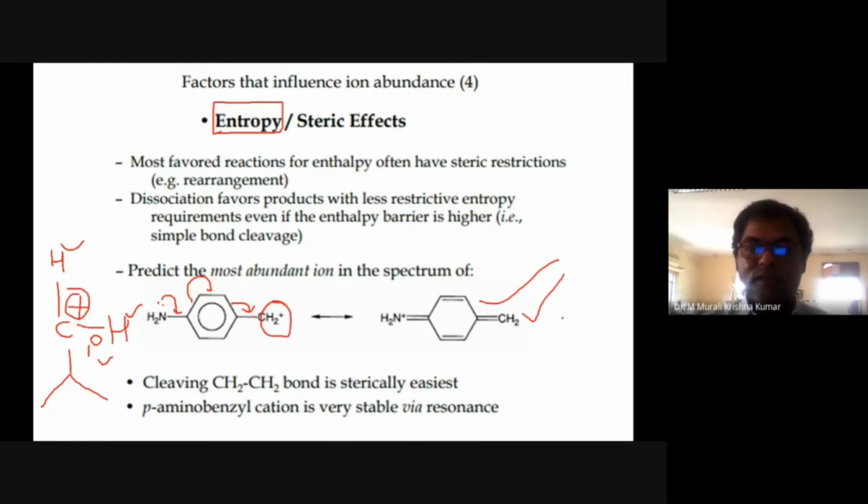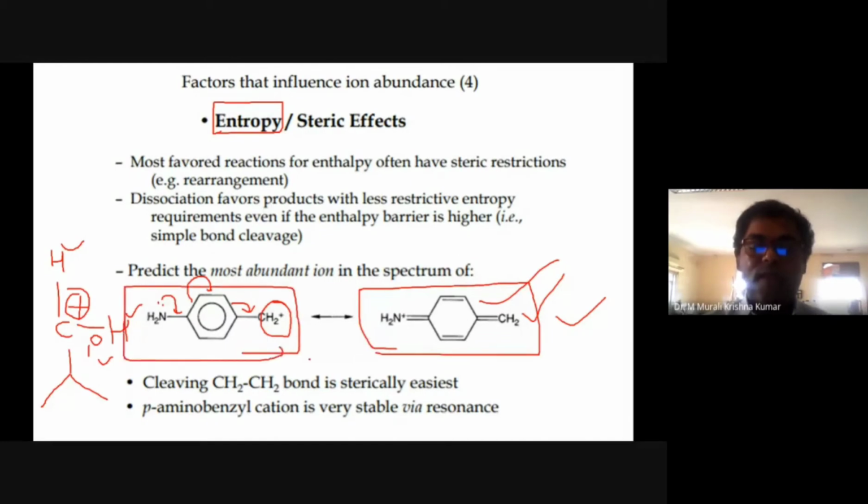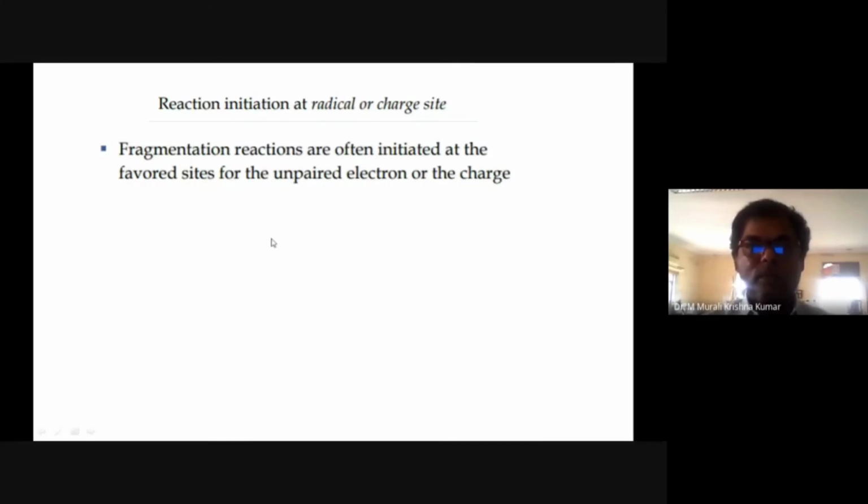That's the reason why we always find this as the base peak, the para-aminobenzylic carbocation. It is a very, very stable ion. It is getting stabilized via resonance. What is the origin? The origin is high entropy at the primary carbocation. Similar kinds of situations you can see in different types of molecules. We will see some examples later on. Okay. So here, reaction initiation at radical or charge site.